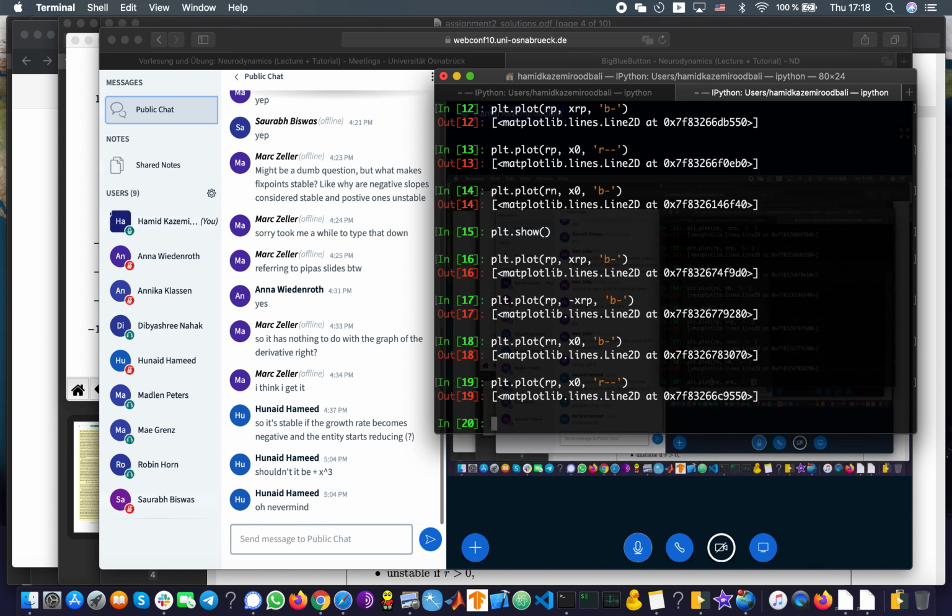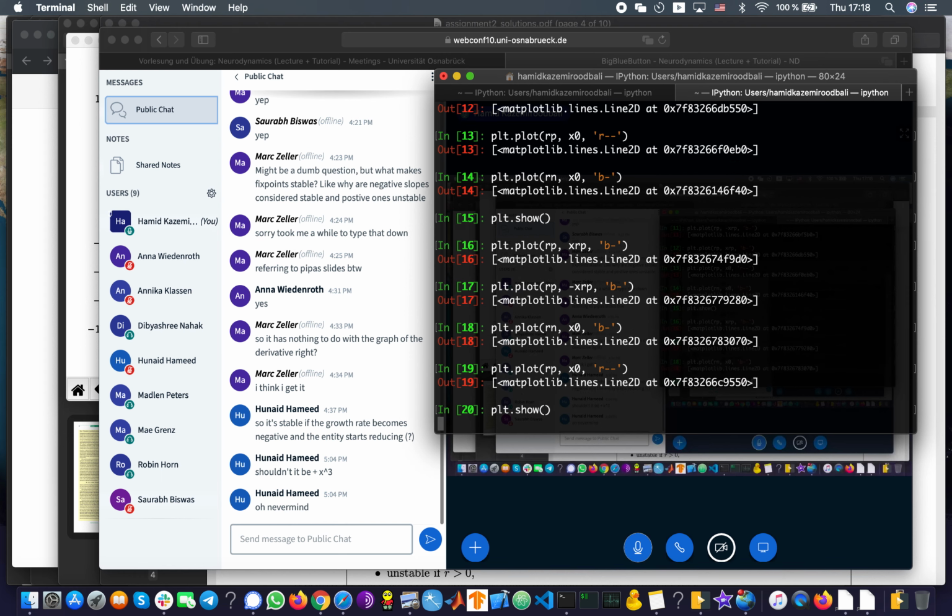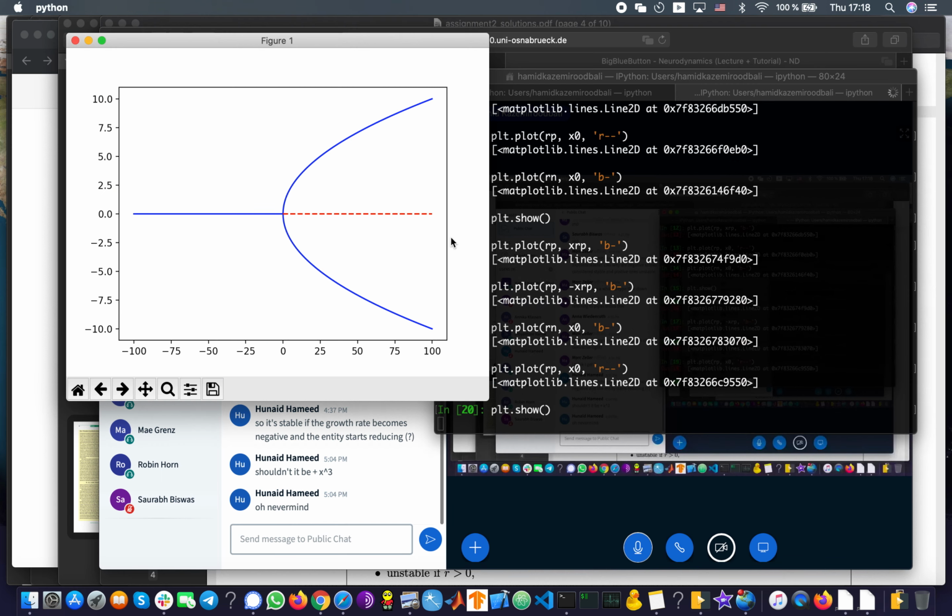Going to be unstable. So that's how we can see that it's a kind of pitchfork: for positive r's, you have two sets of stable ones and one set of unstable one.